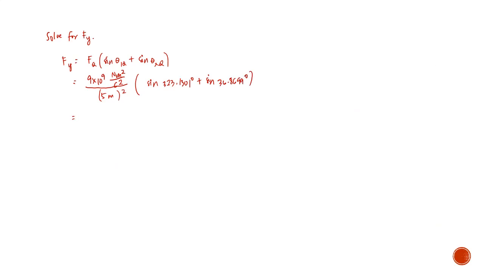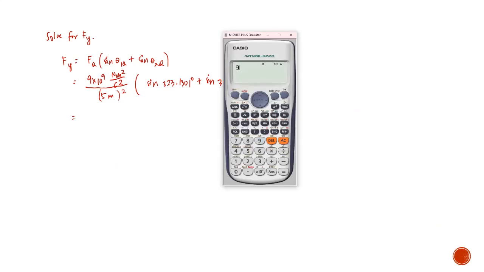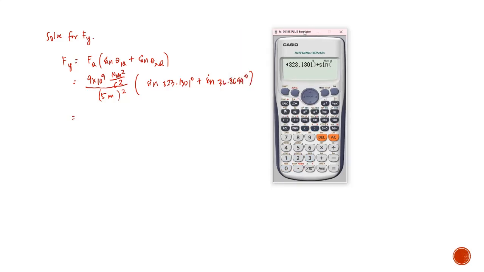So that would be equal to 9 times 10 raised to the power of 9 divided by 25, or 5 squared, then times quantity sine of 323.1301 plus sine of 36.8699. Basically it's 0.